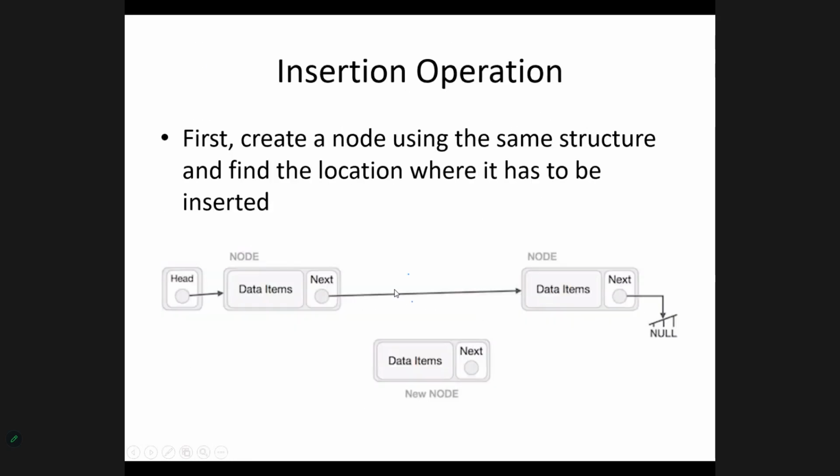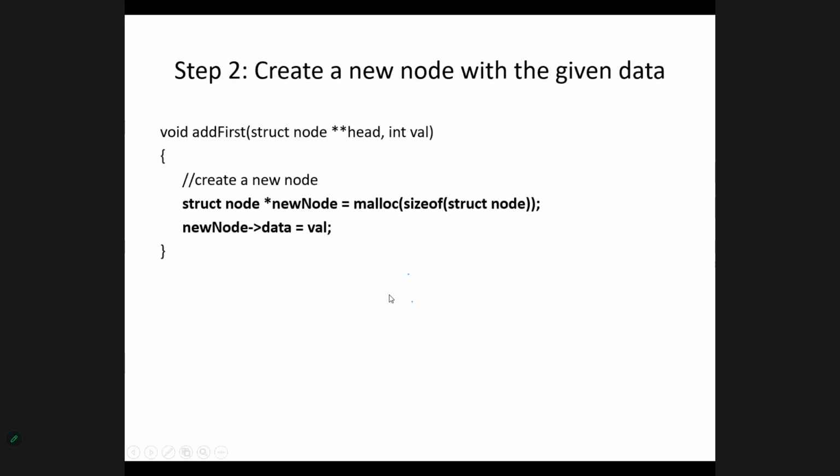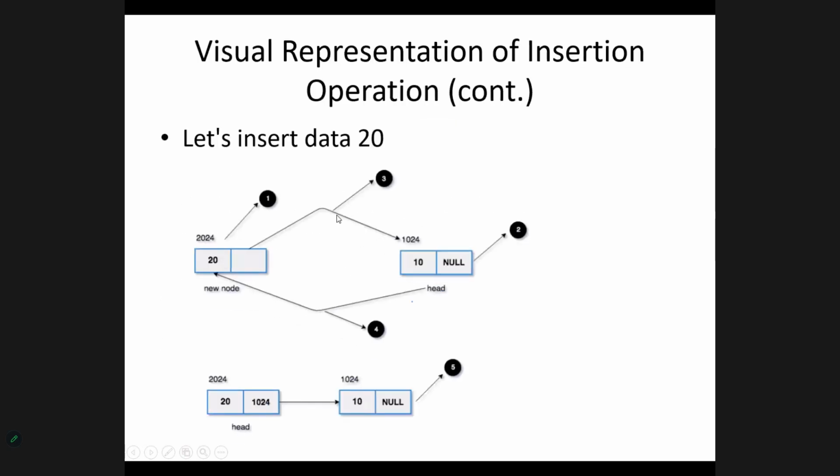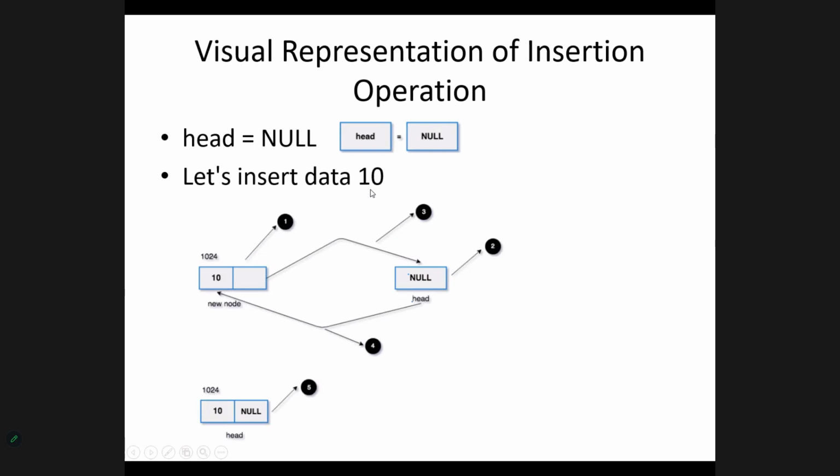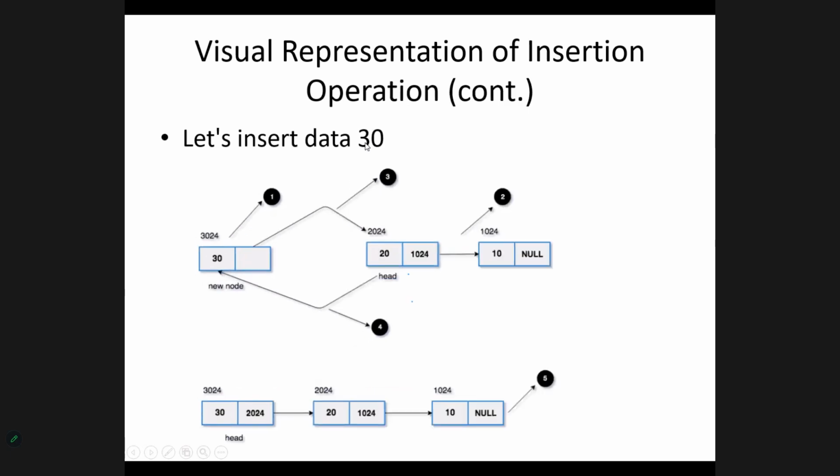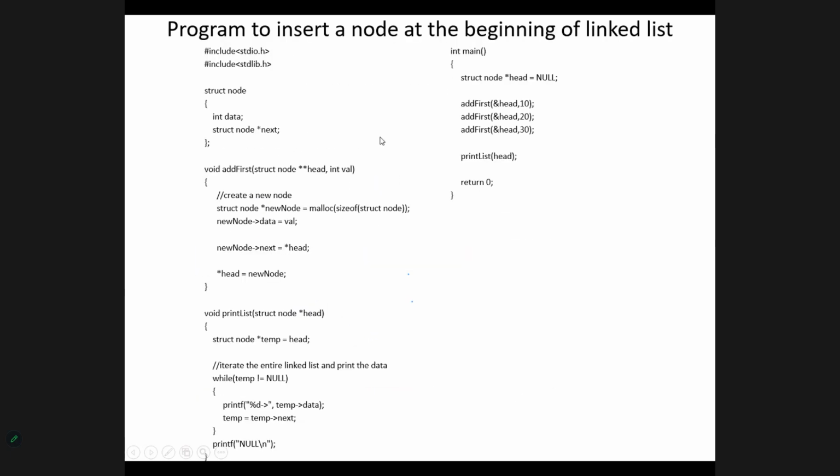But here, by calling add first three times, we can do the same. This is the first call, insert 10. This is the second call, insert 20. This is the third call, insert 30. So this is the add first code.